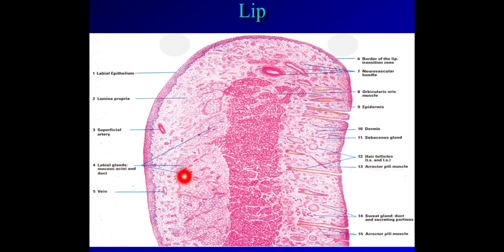These labial glands are serous in nature, and also mucous in nature. These glands keep the mucosa moist. They don't allow the mucosa to get drier. Okay, so that is the function of this epithelium and the underlying glands within it.